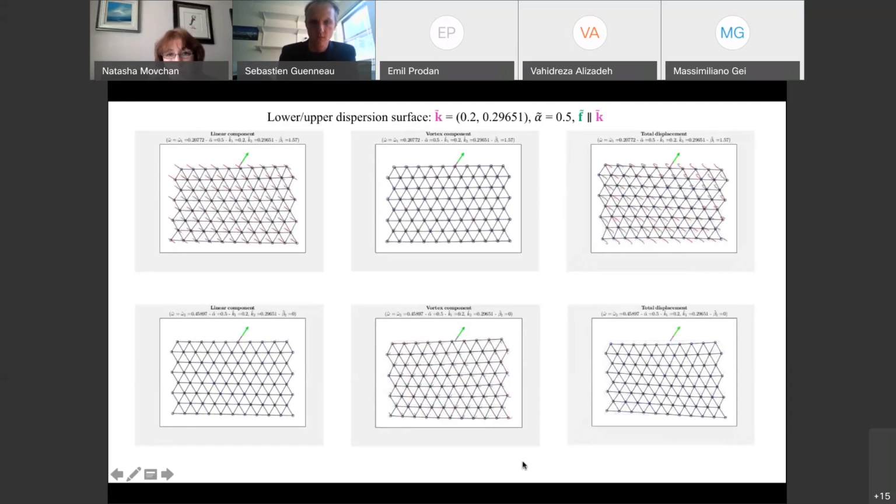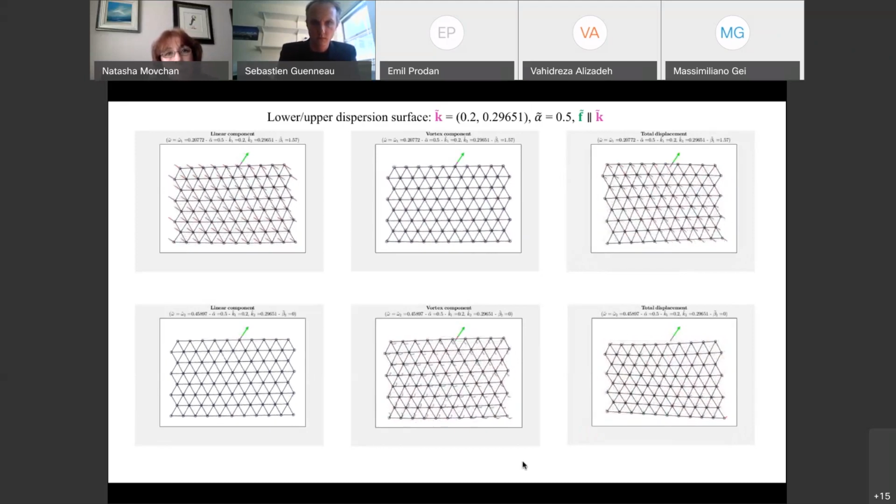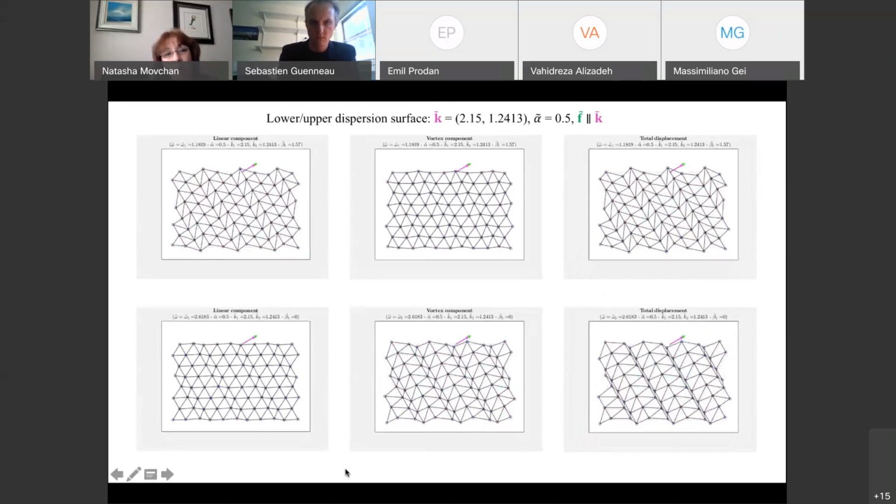Let's get to the next one. Over here we have again the movies corresponding to the case when both f and k are parallel, but this time around k is no longer small. So I'm going to make them move.